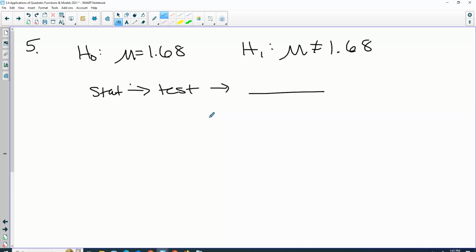Which test would we go into? Number 8. We want the t interval. Okay, so I am going to base this off data. List is L1, frequency is 1, confidence level is 0.95. So you could write that stuff down. There's not a lot to write down here because it's all based off of data. So I get 1.6782 to 1.683.